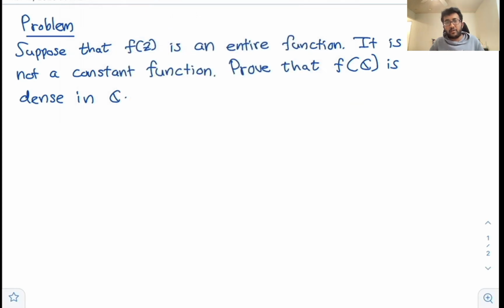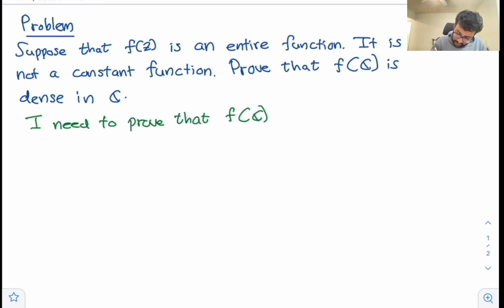The proof. What is the meaning of dense? I need to prove that f(C) is dense in C. In other words, I have to prove that the image of this function is dense in the complex plane.